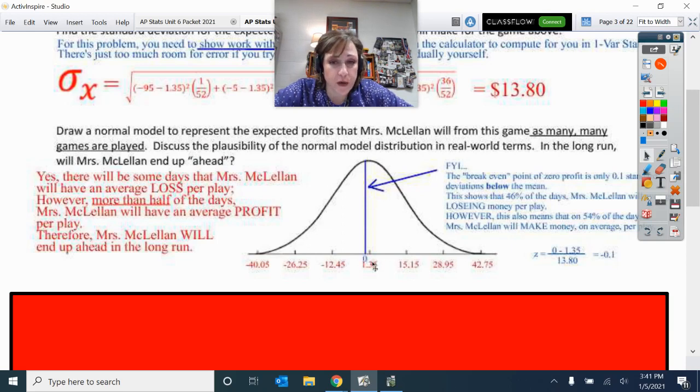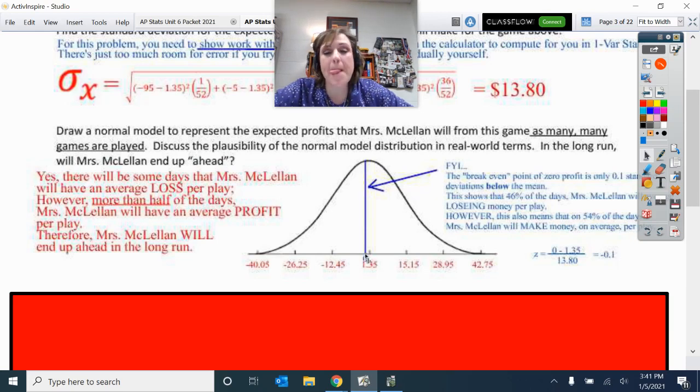So I put my 0 right here. So first, let's find that location. So that's my z-score. X minus the mean over the standard deviation. So that's at negative 0.1. That's pretty close to the mean. And that's what happens in gambling and casinos.